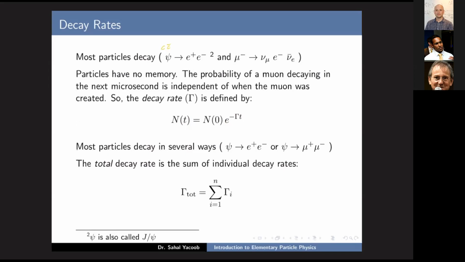So there are different decay rates for each of these processes, and the total decay rate for any particle is the sum of each of the individual decay rates, and it'll change with the total number of decay channels. So this number n for the gamma i's will change depending on the particle we're looking at.